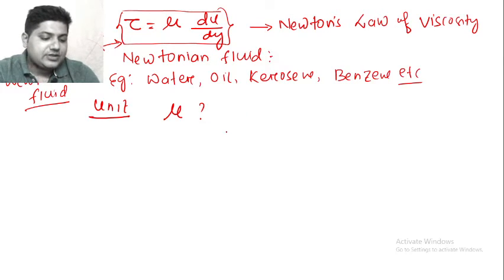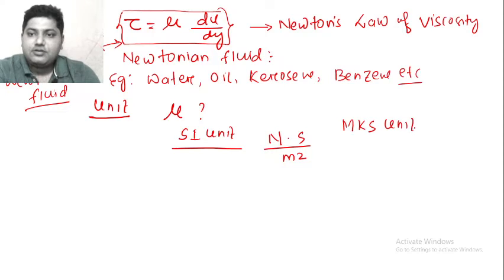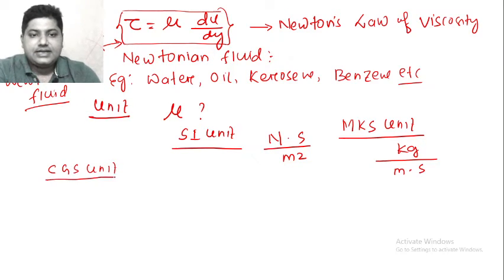I will tell you how to find out du by dy later. The dynamic viscosity SI unit, as I already derived, is Newton second per meter square, and the MKS unit we also found in the last class, is kg per meter second. And if you want to write the CGS unit, that is dyne second divided by centimeter square. Obviously this will be equal to the MKS unit.